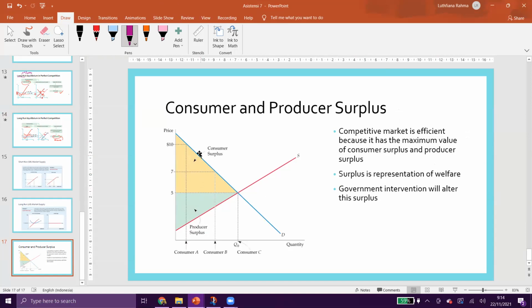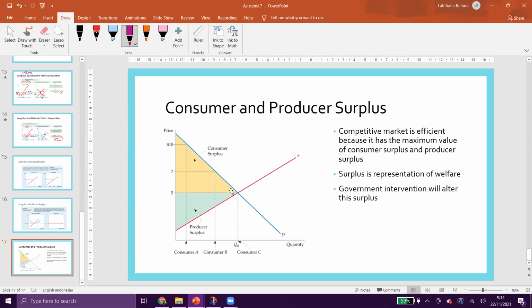So here is the competitive market. Here is the equilibrium, and it maximizes the surplus. Later, we will study that government intervention will alter this surplus. What does it mean? It means that if there is any government intervention, the surplus will be disrupted.